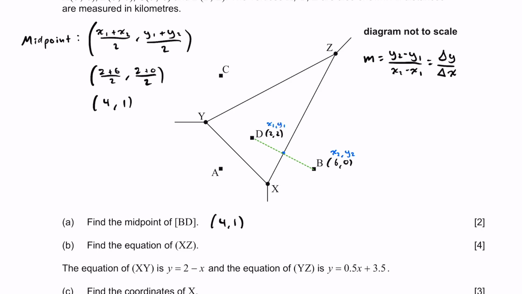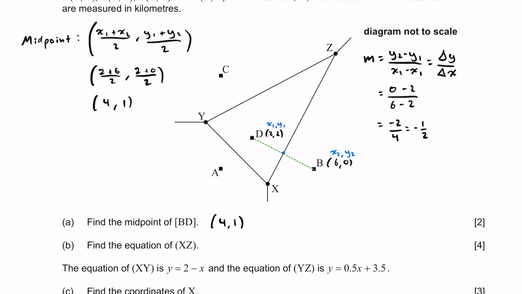Substituting, y2 minus y1 over x2 minus x1 simplifies to negative 2 over 4, which is negative 1/2. That looks reasonable, definitely a negative slope. For every move to the right, we go down by 1/2. That's the slope of this line, but we want the slope of the perpendicular line.